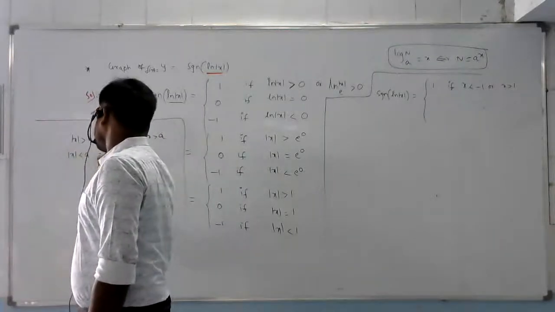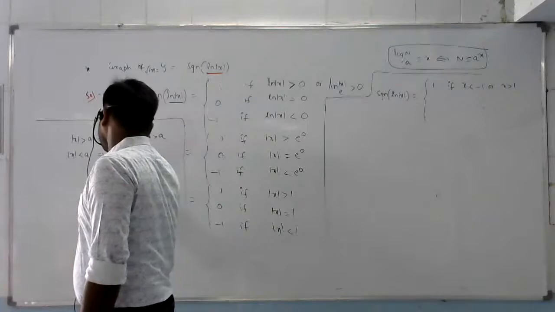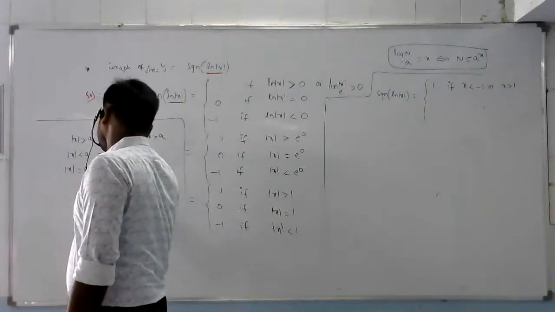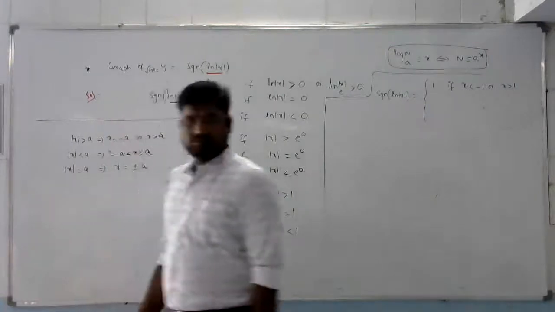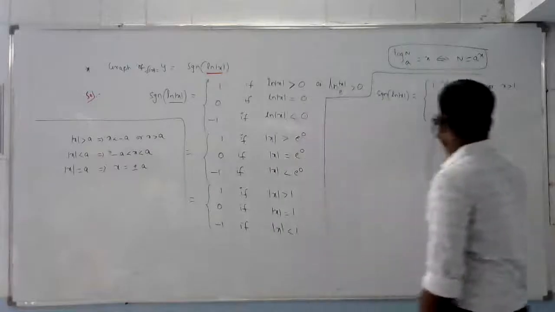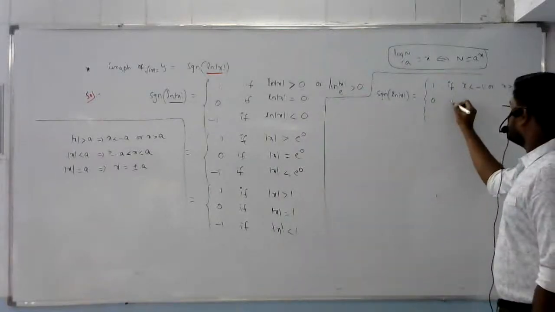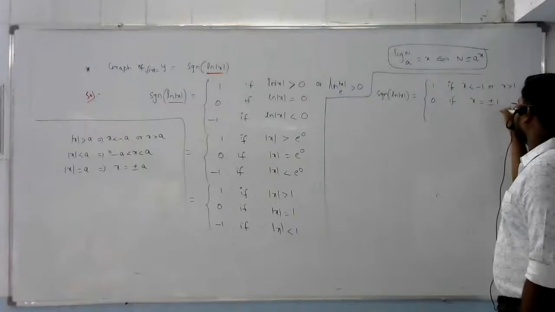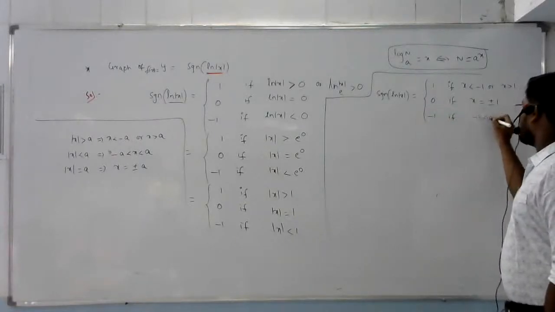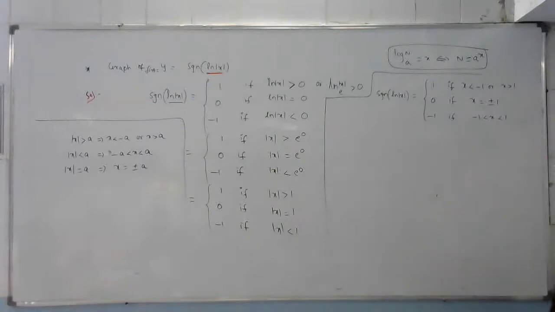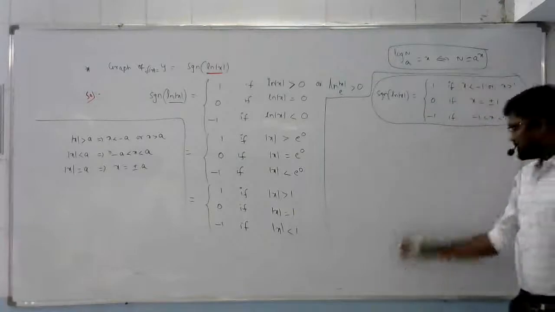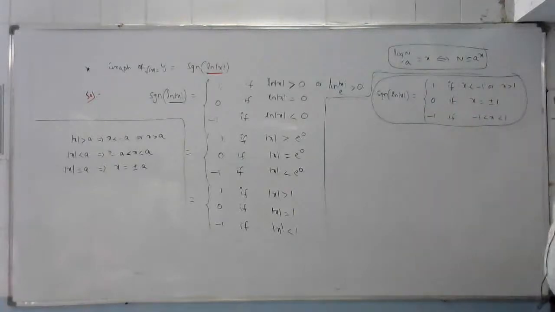Similarly, mod x less than a, x lies between minus a to a. Mod x equals to a, x equal to plus or minus a. Please revise your notebook once you find these properties. Now, 0 if x equal to plus or minus 1 and minus 1 if minus 1 less than x less than 1, right? So this is the given function actually. So getting this part is important. If you get this part, remaining thing is very simple.